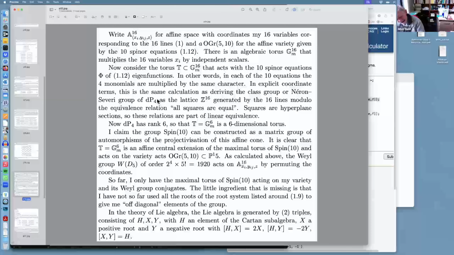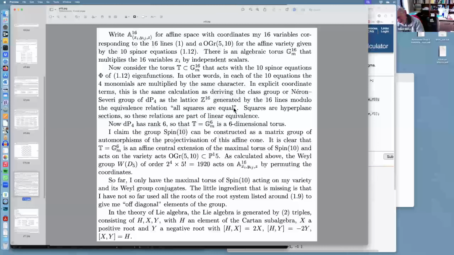Yes? So what we're doing is, if I was asking for this 6-dimensional Néron-Severi group, or second cohomology group of the Del Pezzo surface, I'd be doing exactly the same calculation. I'm taking the 6 lines and I'm saying all squares are equal. So remember that polynomial is made up of squares.